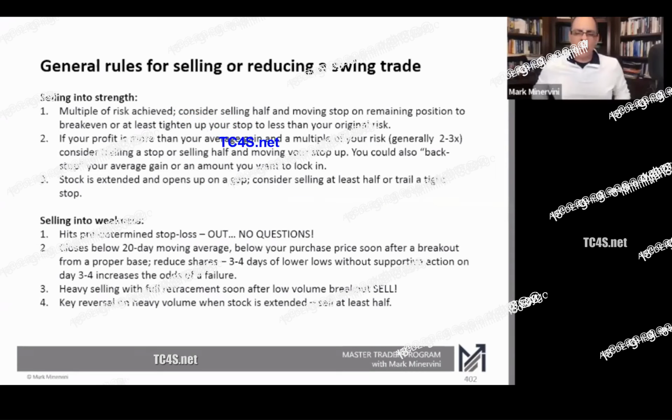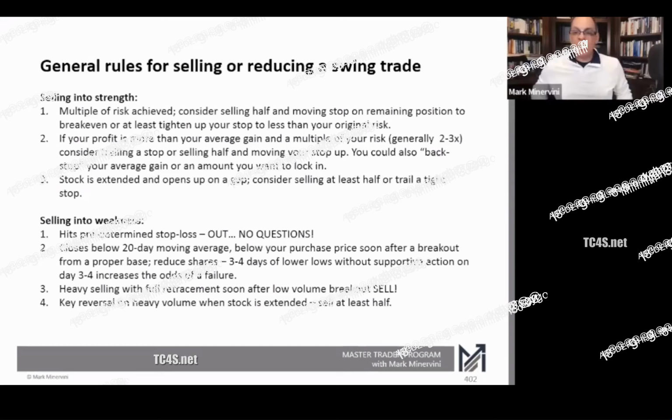If your average loss is 5% or your risk is 5%, you're not usually selling a stock if it's up 4 or 5%, because you're not really achieving any multiple of your risk. So when I get to 2-3 times my risk, let's say I risked 8%, and now the stock's up 3 times, 24%, 25%, I consider selling half my position at that point.